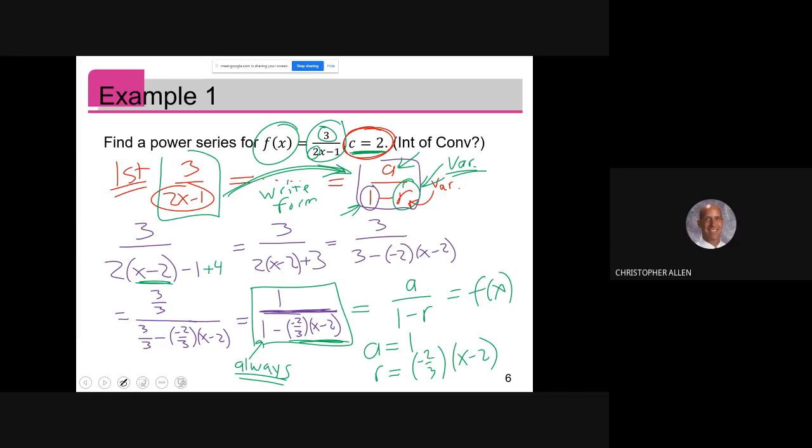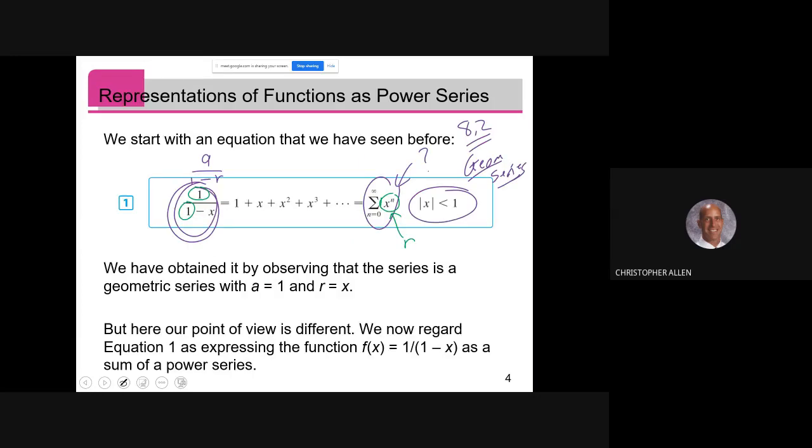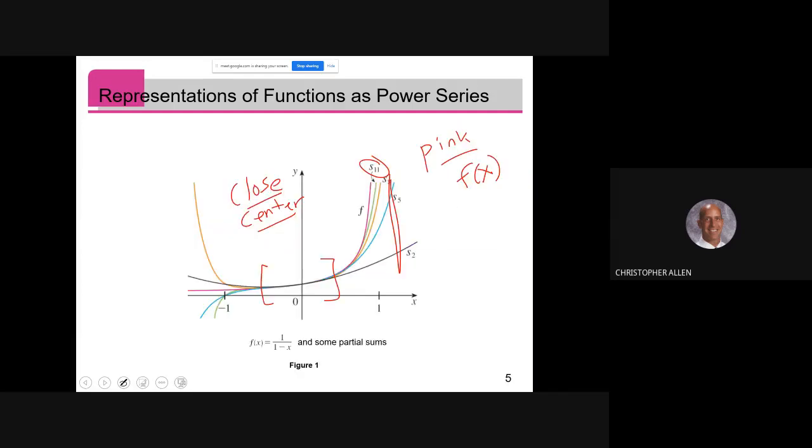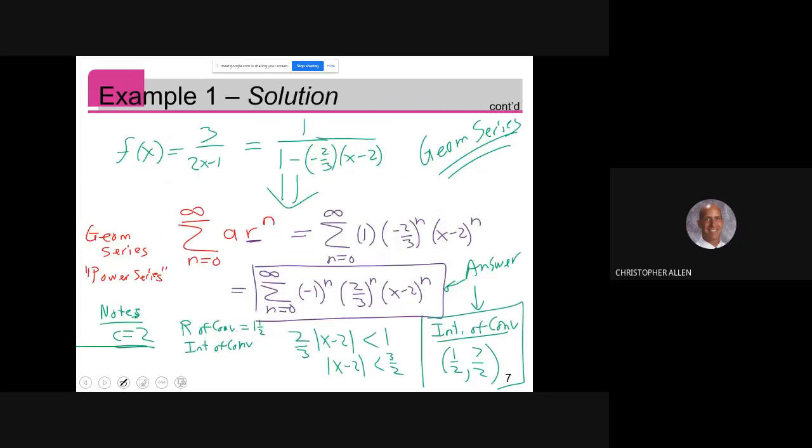So once you have it written in this form, I'm going to use this idea here, the summation n going from 0 to infinity of A R to the n, that geometric series that we did in section 8.2. So that brings us to the second slide.